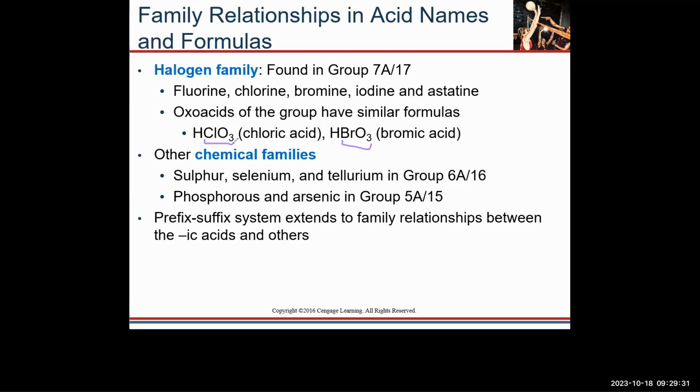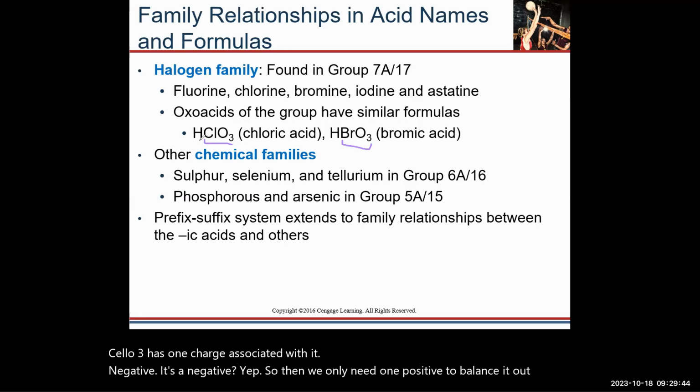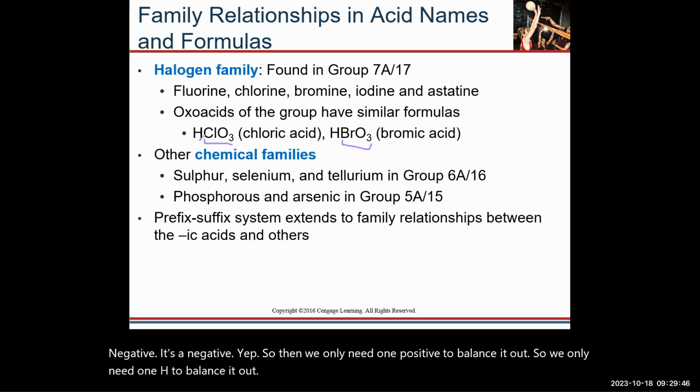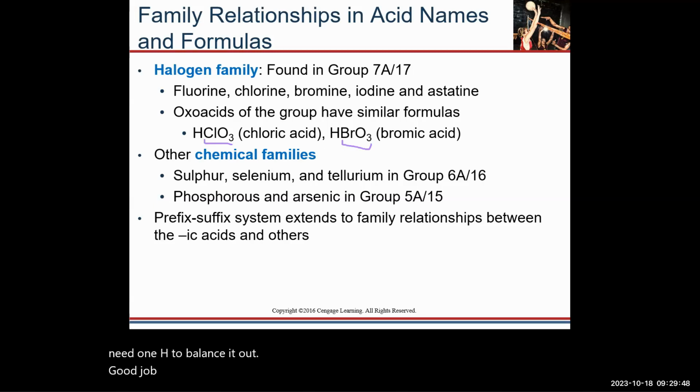The ClO3 has what charge associated with it? Negative, yep. So then we only need one positive to balance it out. So we only need one H to balance it out.